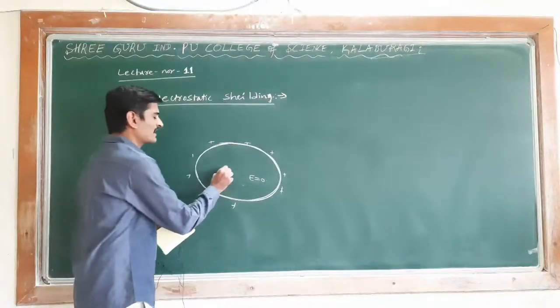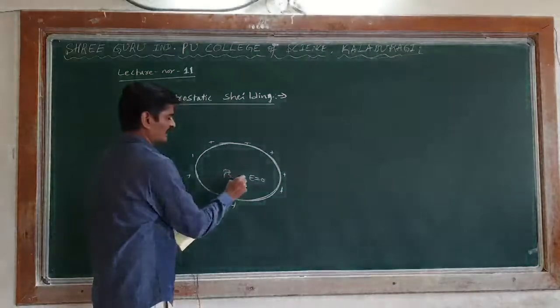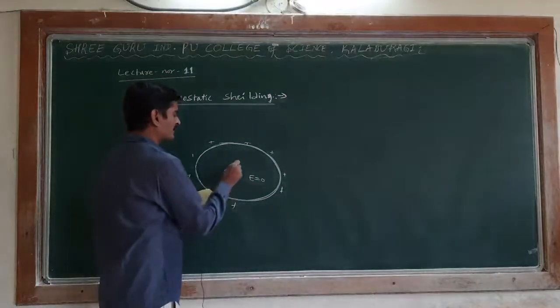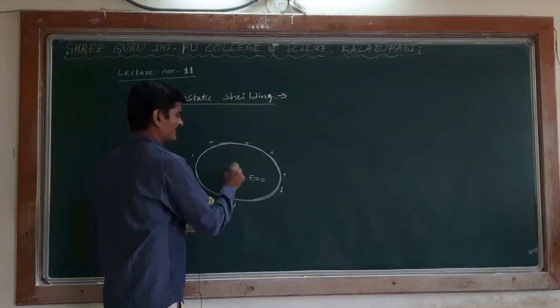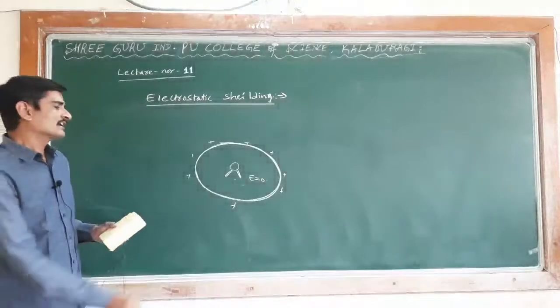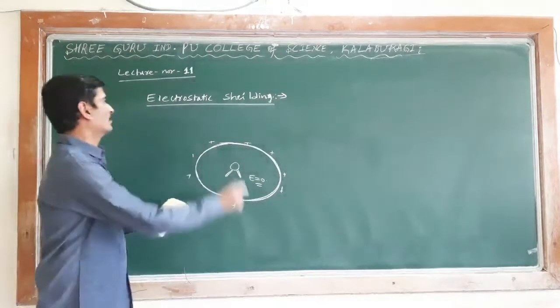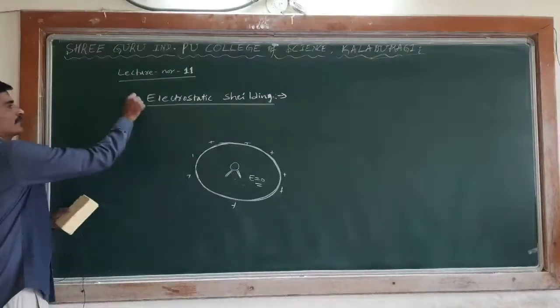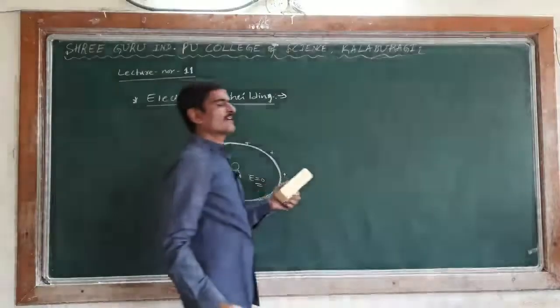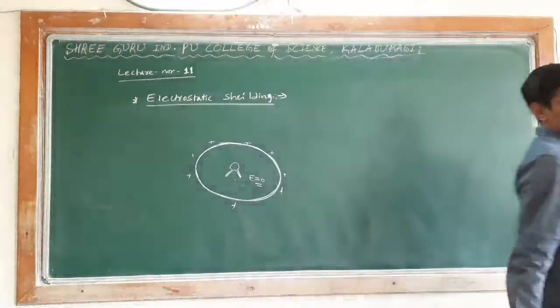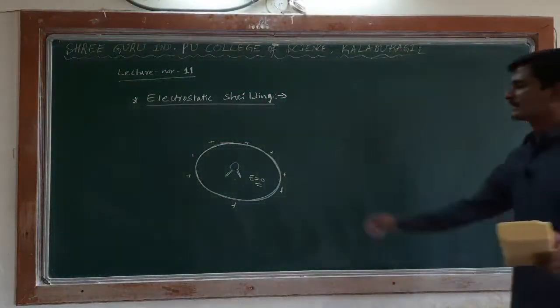Hence if any electrical instrument is placed inside the hollow sphere, it will be protected from the electric field. That is called electrostatic shielding, the process of protecting certain electrical instruments from the effect of electric field.